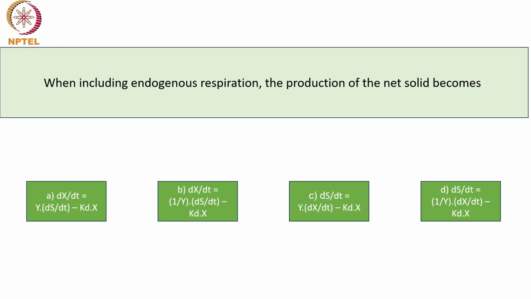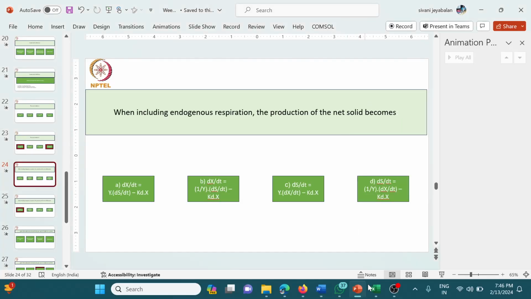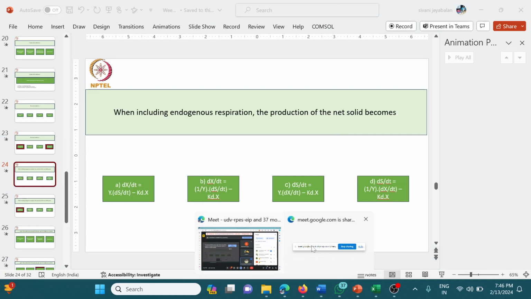For a batch reactor, initially the bacteria will be in lag phase, then it will go to log phase, and then finally to steady state. Wait, maybe I can show some picture from the internet.